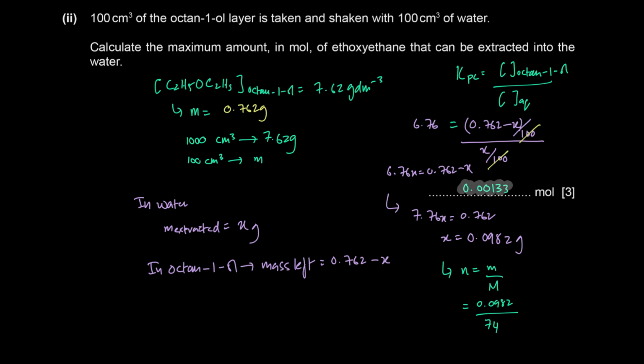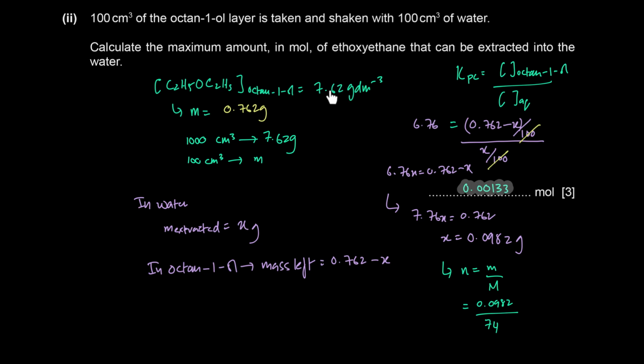Let me repeat what we did over here. They told us that we had this octan-1-ol layer and we had 100 cm cube. And we shook it with water and we extracted some of the ethoxyethane out of the octan-1-ol layer. Now we first need to figure out how much we actually had in this layer initially before we can find out how much was extracted. They had already told us the concentration that we had in the octan-1-ol layer.